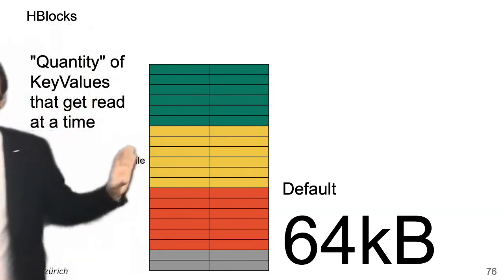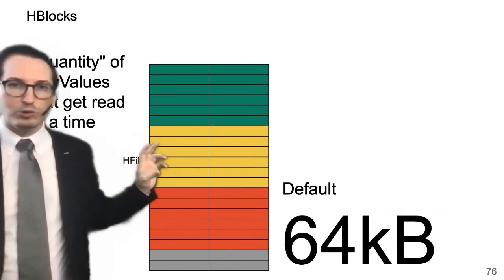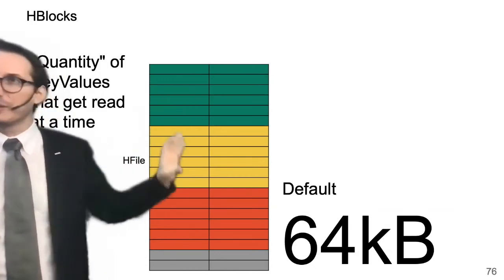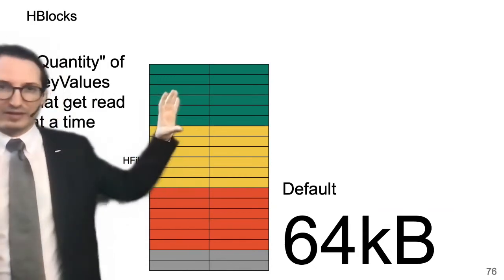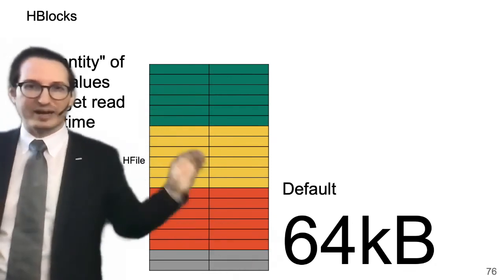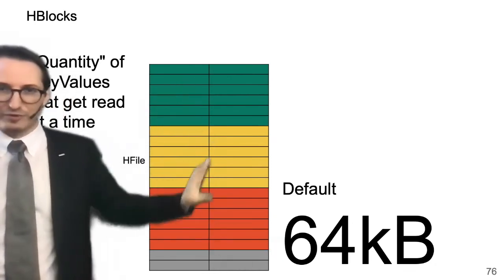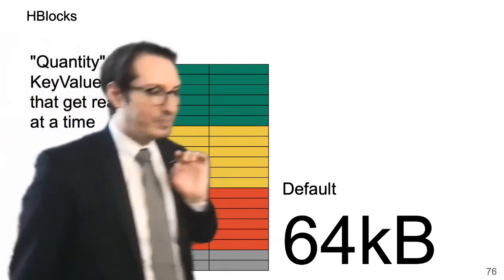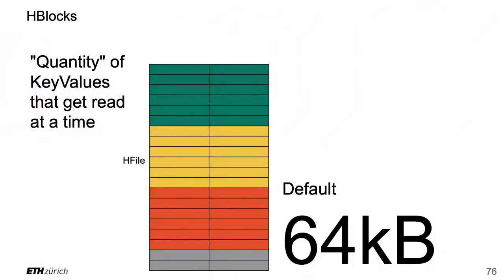So what we do on top is that we also use a block system within the HFiles that groups key values in 64 kilobyte blocks. Big warning. It's exactly like the atomicity earlier. When I say block, I don't mean an HDFS block. This has nothing to do with the HDFS block. Of course, this is an HFile, it's stored on HDFS, so of course there will be HDFS blocks.